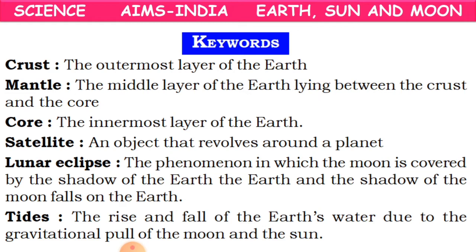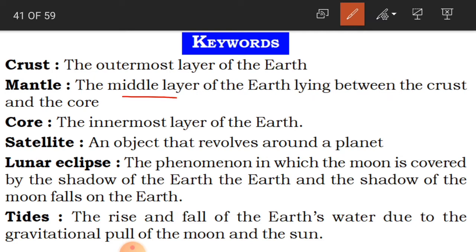And now let us learn some keywords again here. So crust, what is it? The outermost layer of the earth. Mantle, the middle layer of the earth lying between the crust and the core. Again core, the innermost layer of the earth. Now, we have got three layers of earth, that is crust, mantle and core. Satellite, an object that revolves around a planet.